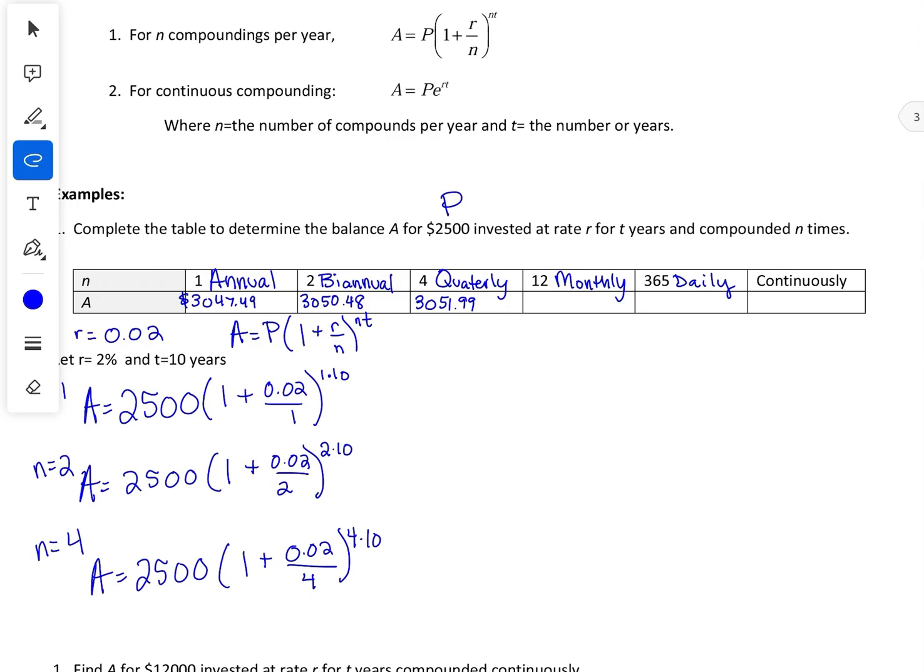Okay, so go ahead and write down the formula and use 12. Plug in the 12.